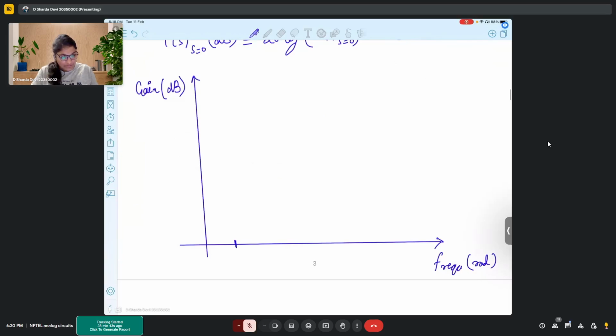as I mentioned, the frequency axis is changing by decades, and I have my first pole at 1. So let's start with from 1.